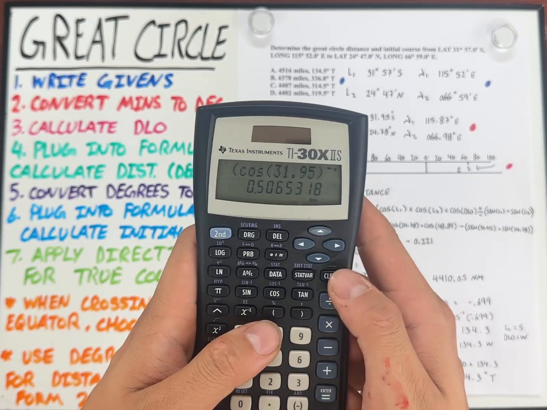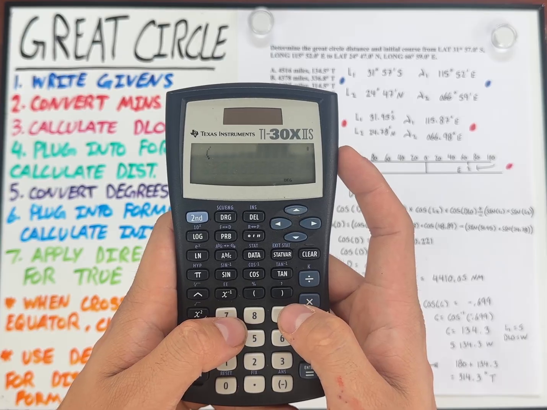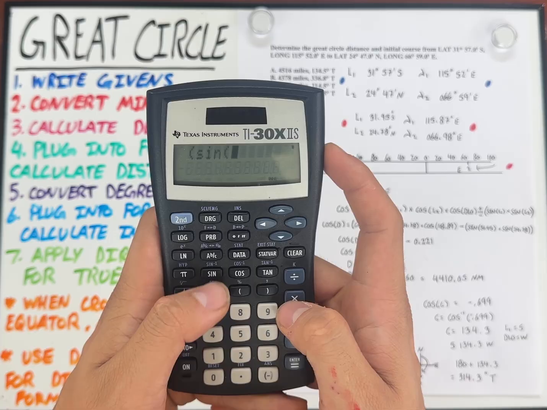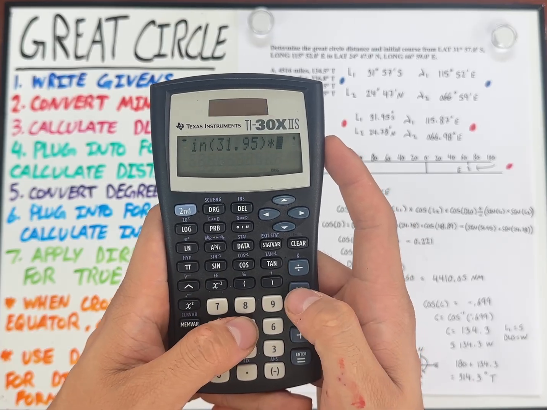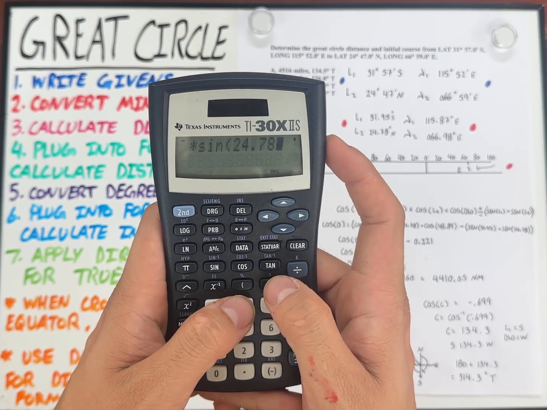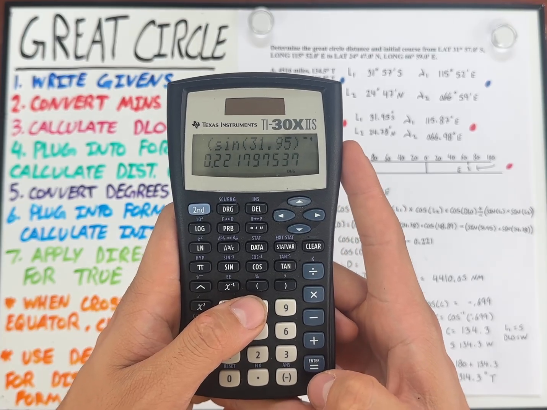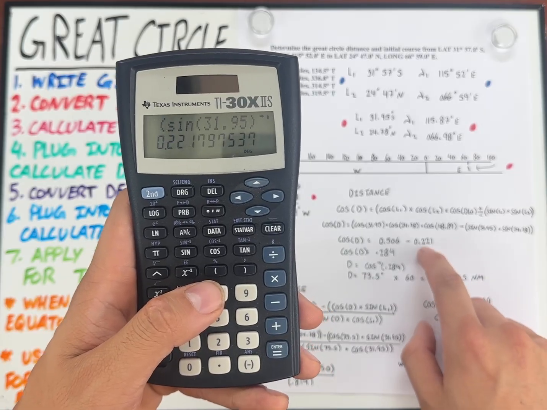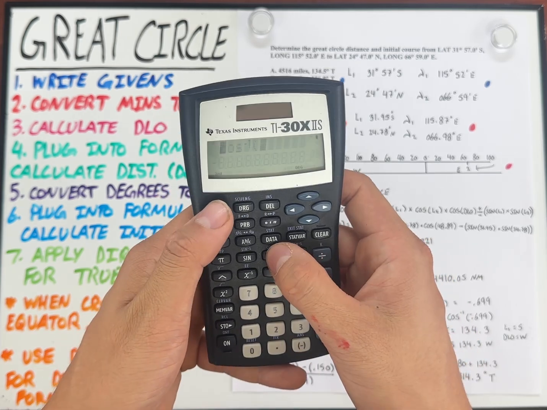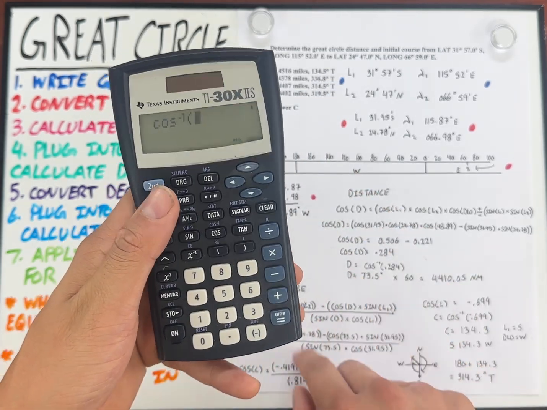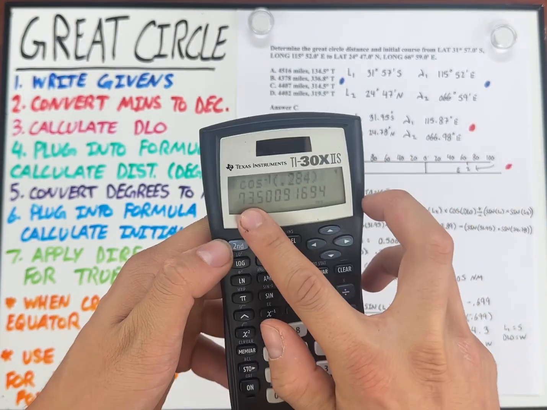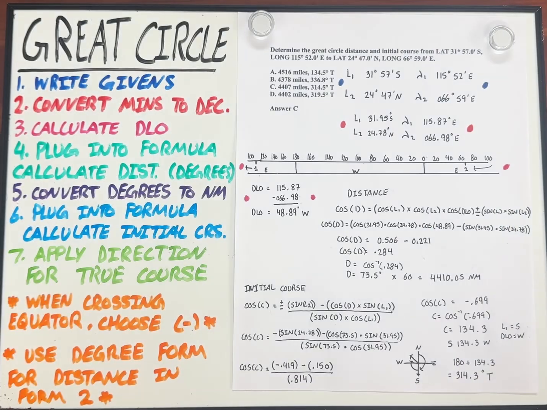We'll then do the second half of that problem, sine of lat 1, which is 31.95, times sine of latitude 2, 24.78. Close the parentheses, we get a decimal of 0.221. When you subtract those, you get 0.284, and then you'll do your second cosine to get distance alone. Second cosine, 0.284, for a distance in degrees of 73.5 degrees.